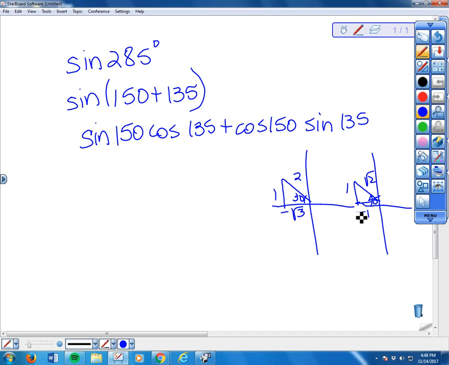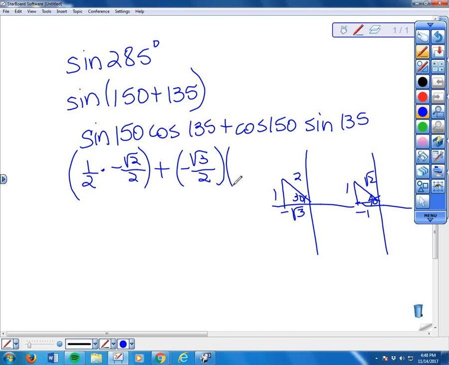And this is negative 1. So sine 150 is 1/2. Cosine 135 is negative. I'm just going to go ahead and rationalize it. Square root of 2 over 2. Plus cosine 150 is negative square root of 3 over 2 times, and sine 135 is also the square root of 2 over 2.